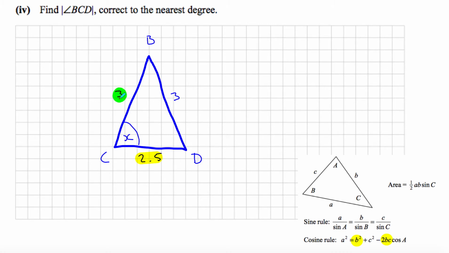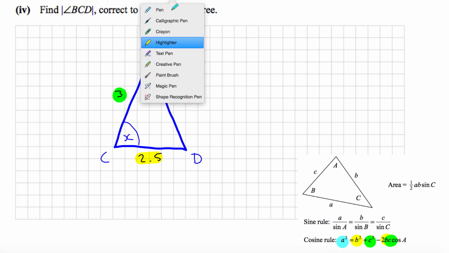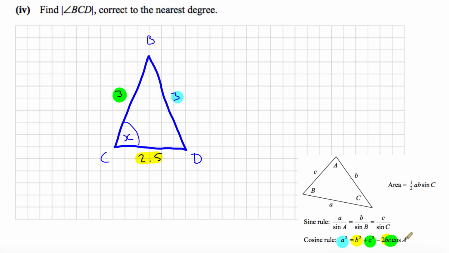This here will be my C value, which will go here and there as well. And my A value would be this, so that's going to go in there. I'm looking for the X, in other words, the angle A.